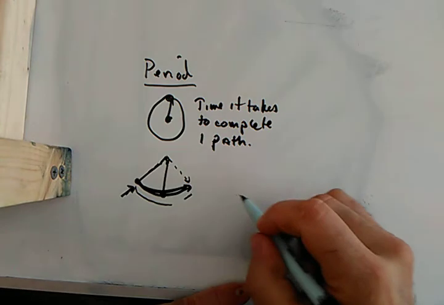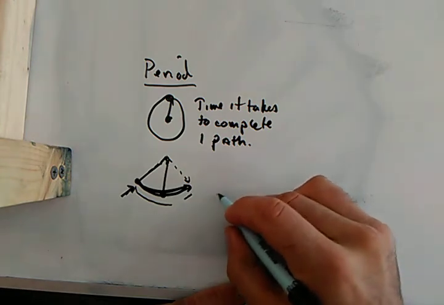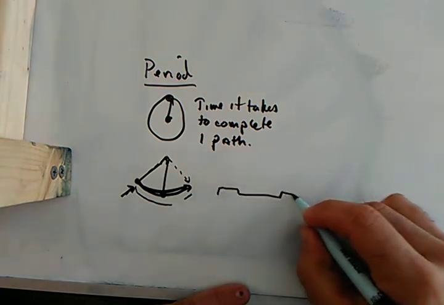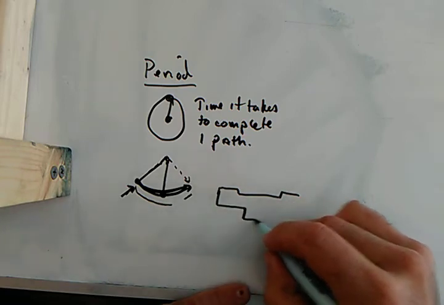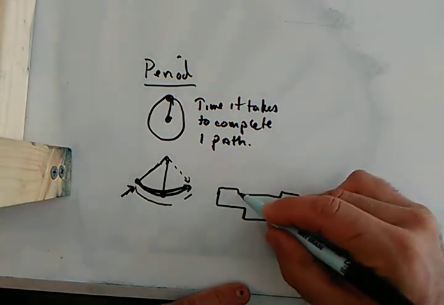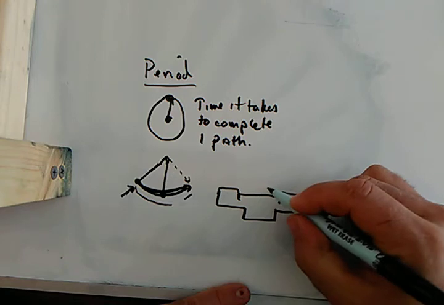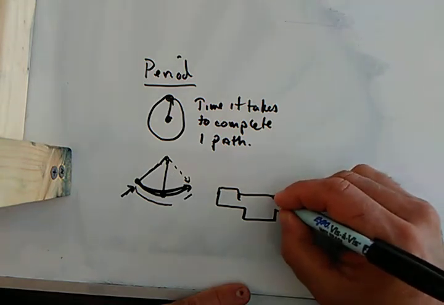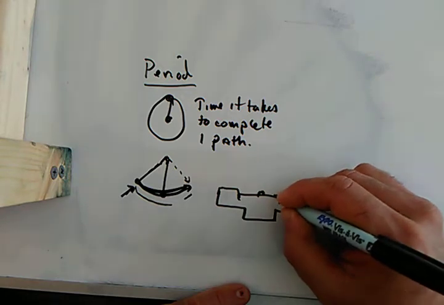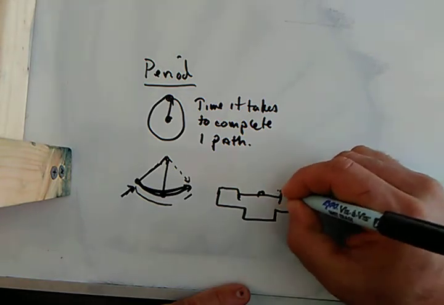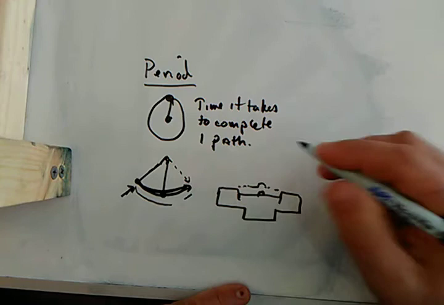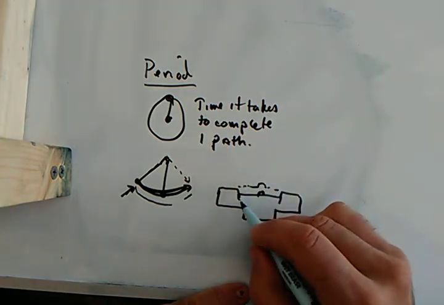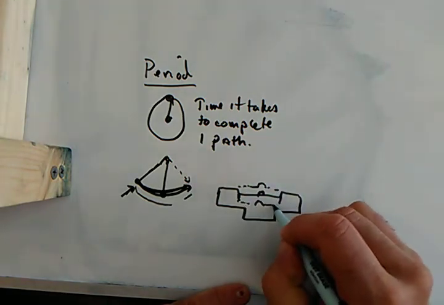And similarly, in our picture of the speaker, I'm going to make it a little easier. Here's our magnet. With our speaker, one period would be the time it takes for the diaphragm here to go up to its high point and then back to its low point.